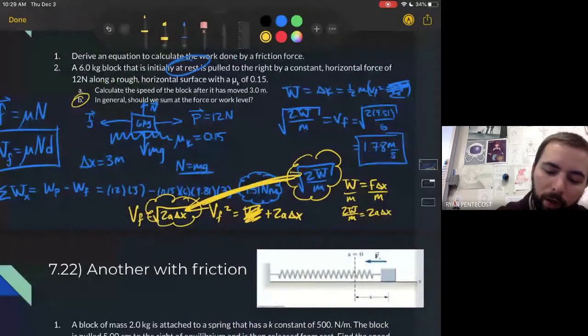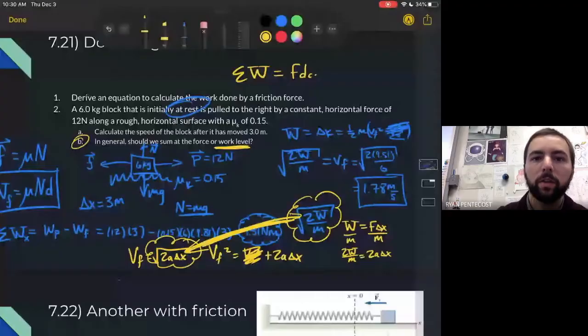Because if you have a summation of work equals F d cosine theta for many different forces, you don't want to take the summation of force, multiply it by the distance traveled, then just use cosine theta.